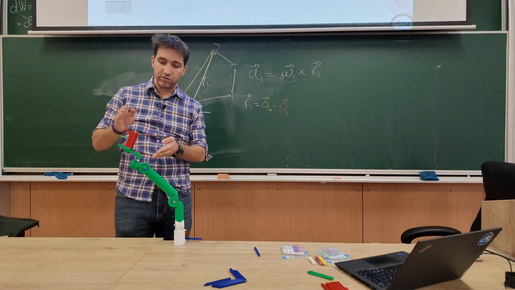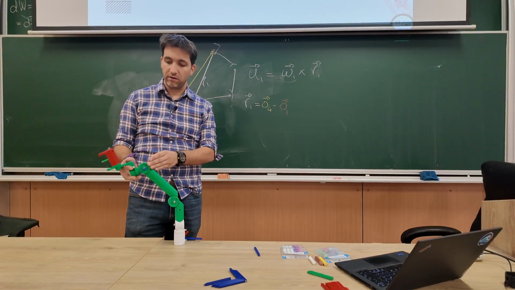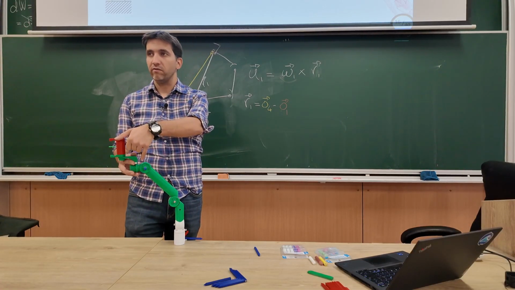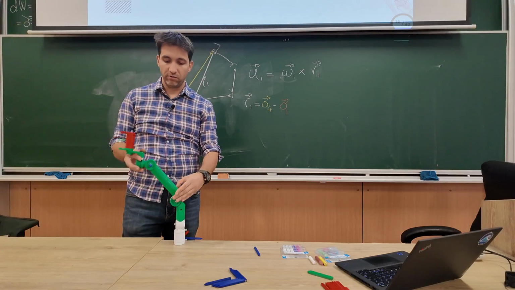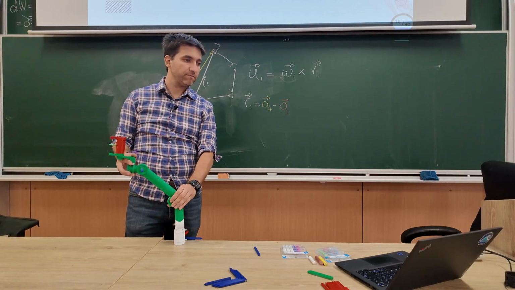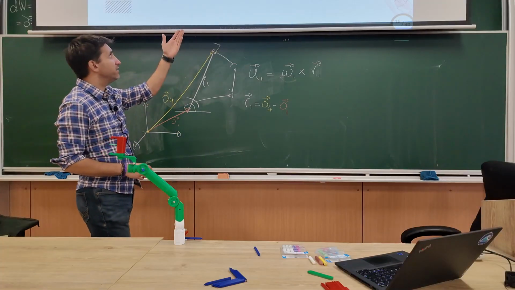Now I have a smaller radius, right? So obviously I will have a different velocity due to this joint than to this joint. But the way to calculate it is the same.